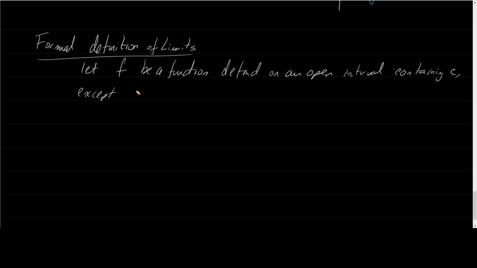So it's defined throughout the entire interval that c is a part of, but it might not necessarily be defined at c itself, and let L be a real number.